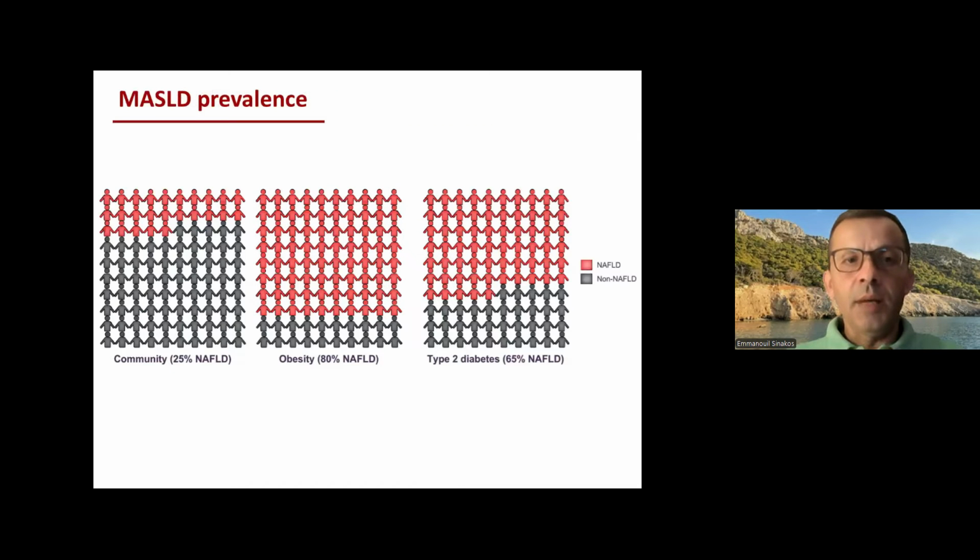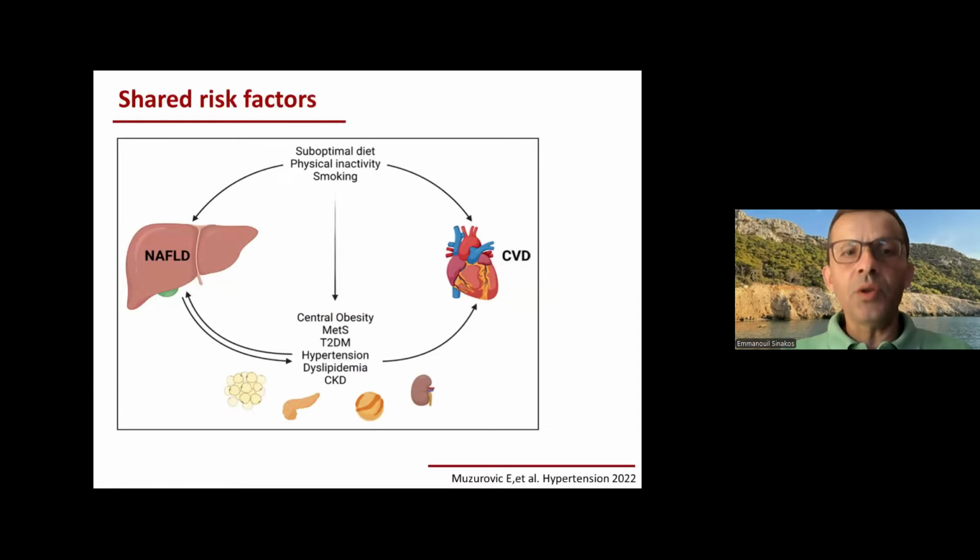It's a prevalent disease. Recent data show that almost one third of the general population all over the world has MASLD. And of course, it's a disease that has shared risk factors with cardiovascular disease, so this roundtable is well placed in this Congress. As you can see, this is an old slide using the NAFLD term.